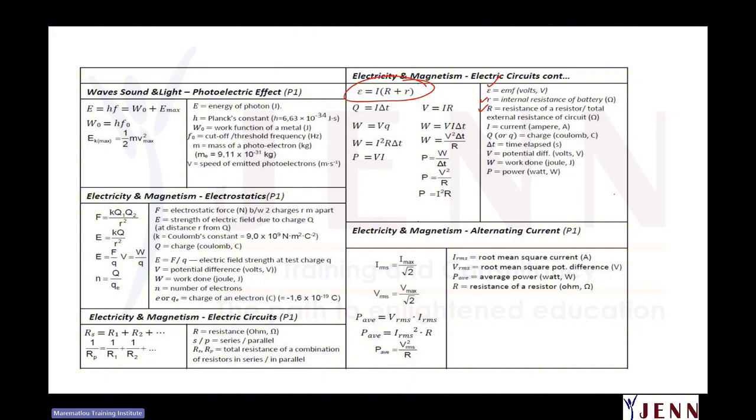And then we have capital letter I that will indicate current. We have capital letter Q or small letter q, mainly it will be a small letter q for charge. And then we have delta t for time, V for potential difference, and then the capital letter W for work done.